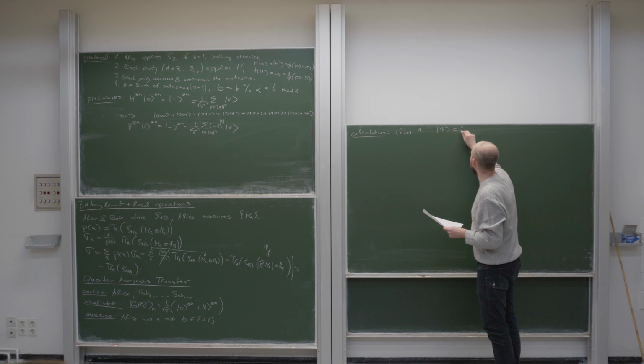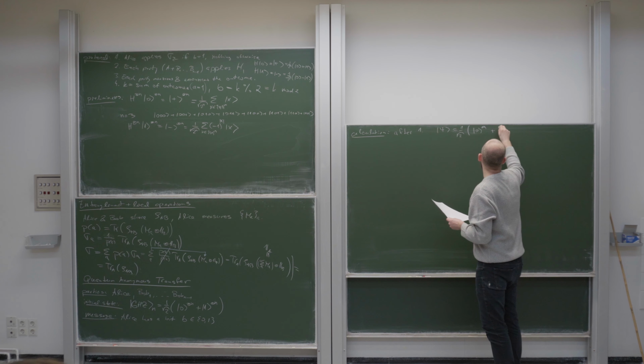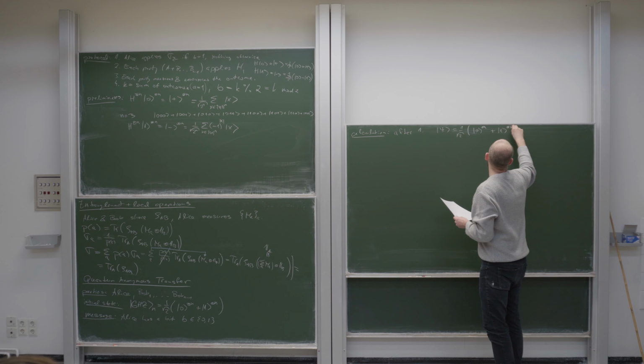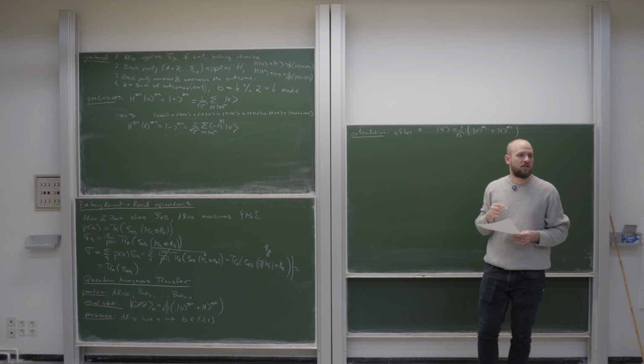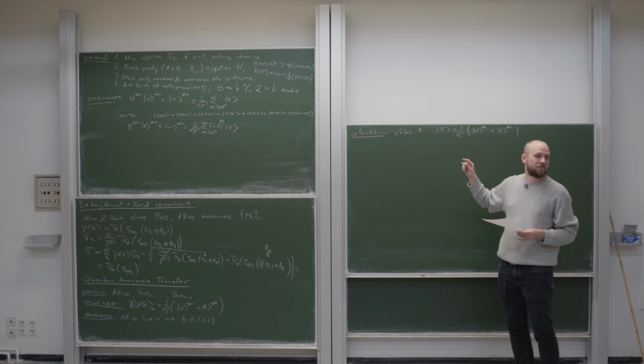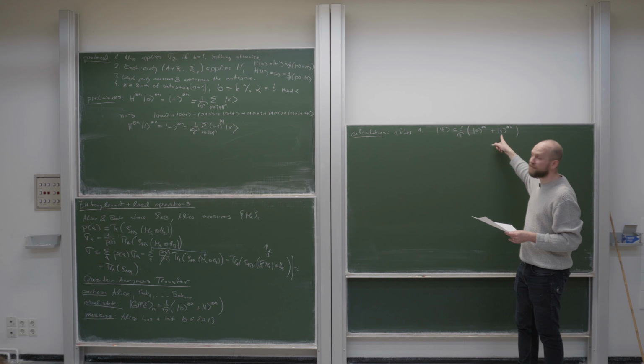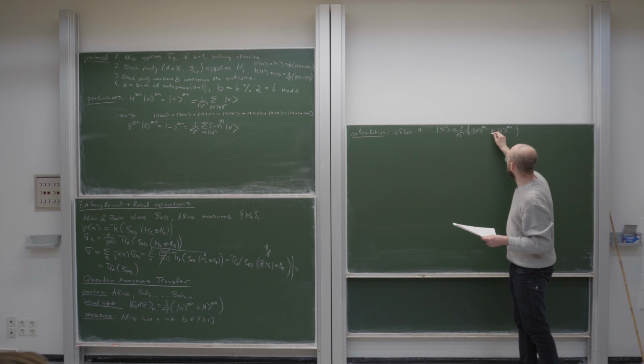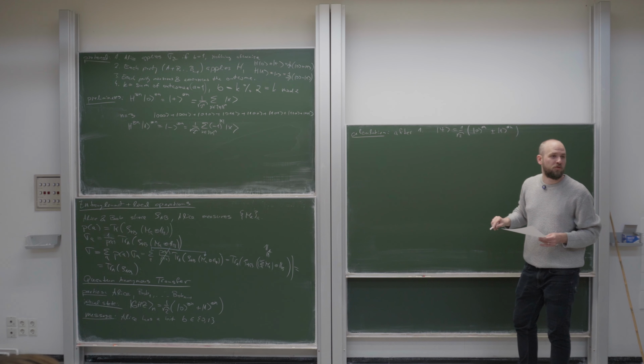Well, if she does nothing, we know we have this thing. And if she does something, then what's going to happen? Sigma z was the phase flip. So that's minus. So there's going to be plus minus here, depending on the value of b.